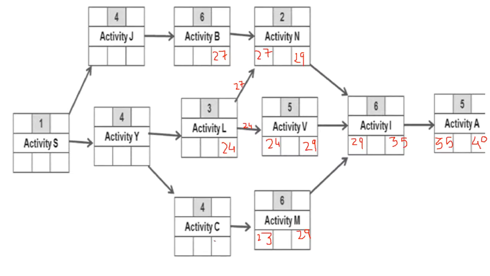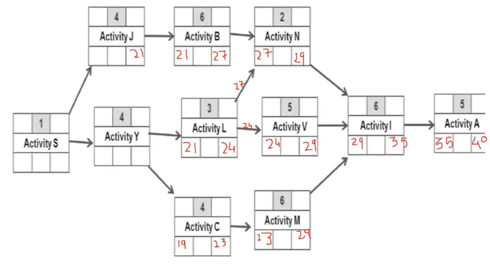And activity C would get late finish of 23 from activity M, which would mean that the late start for activity C would be day 19 of the project, and the late start for activity L would be day 21, and activity B would be day 21 as well, which would mean that late finish of activity J is 21.